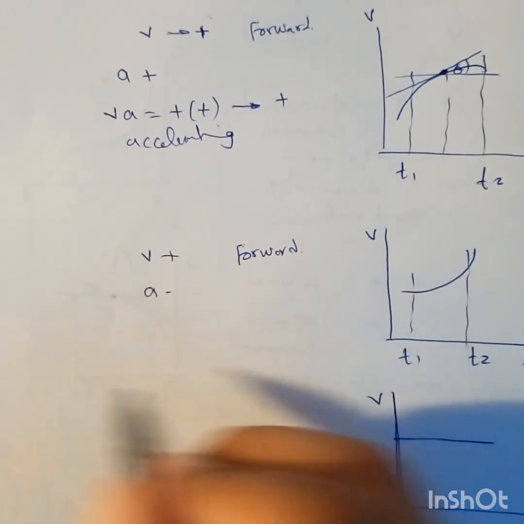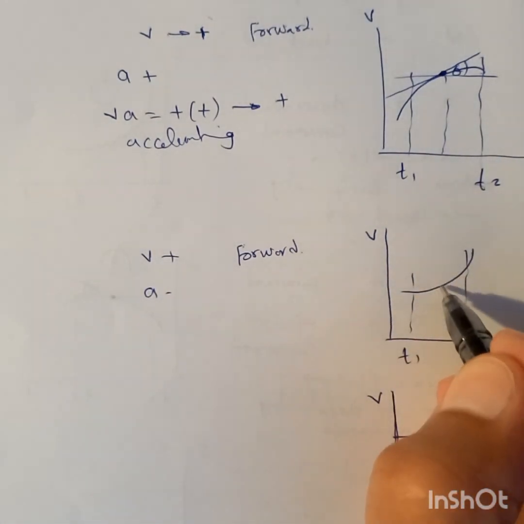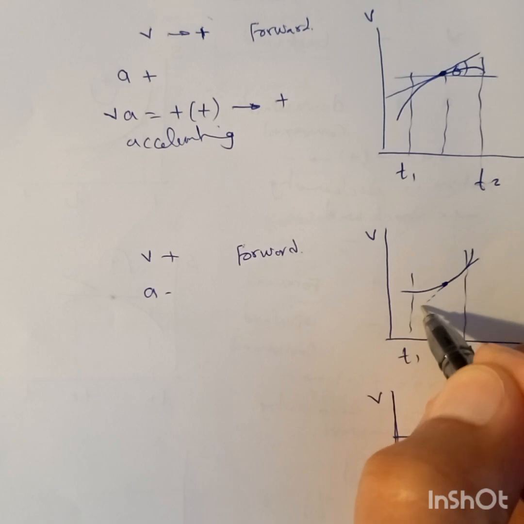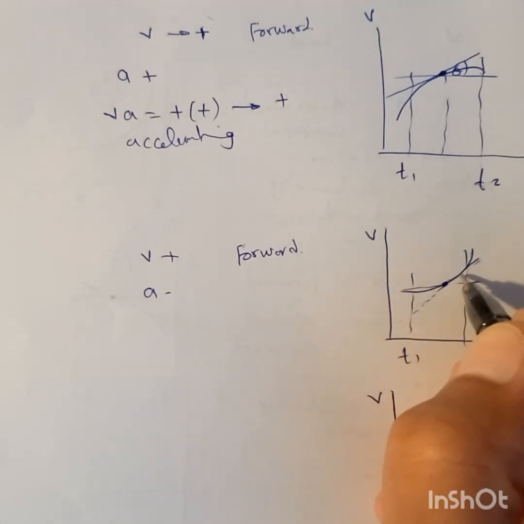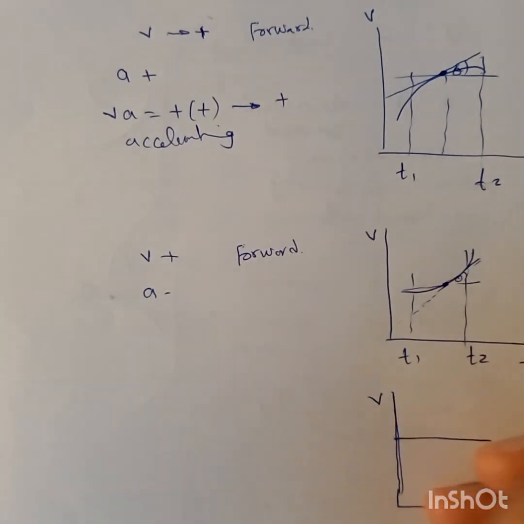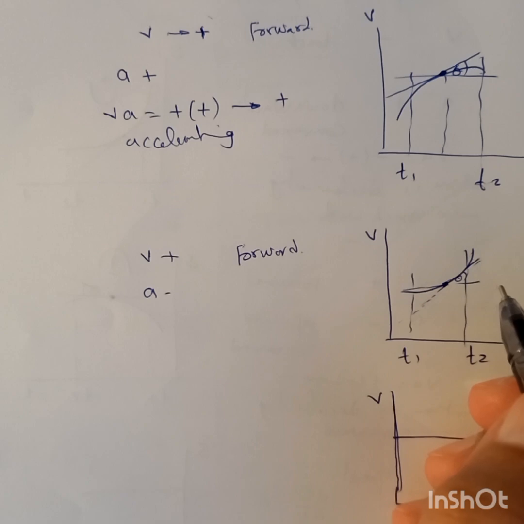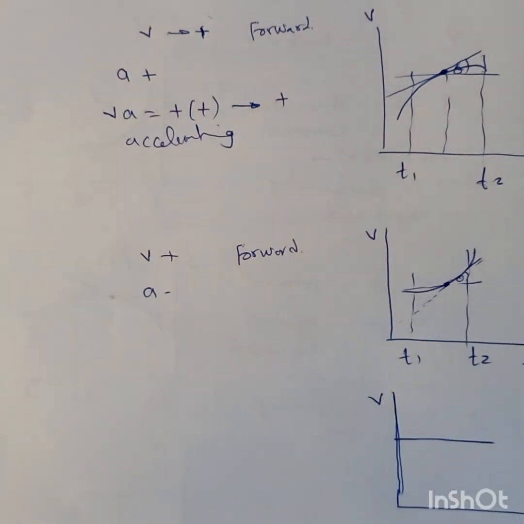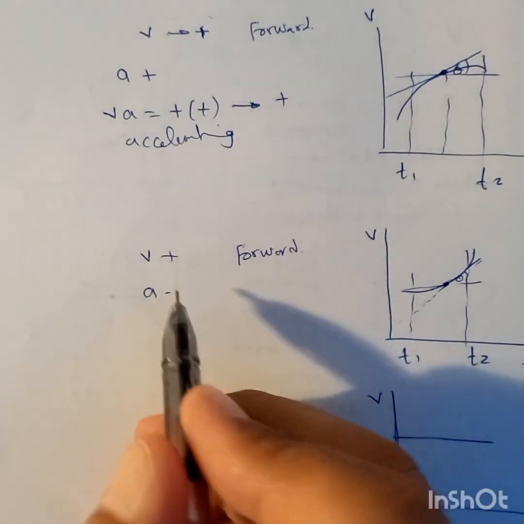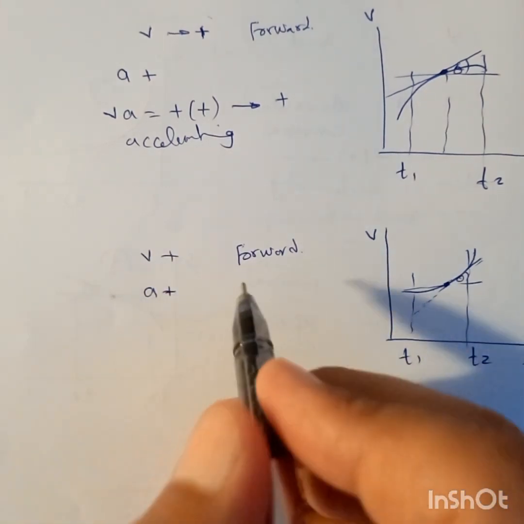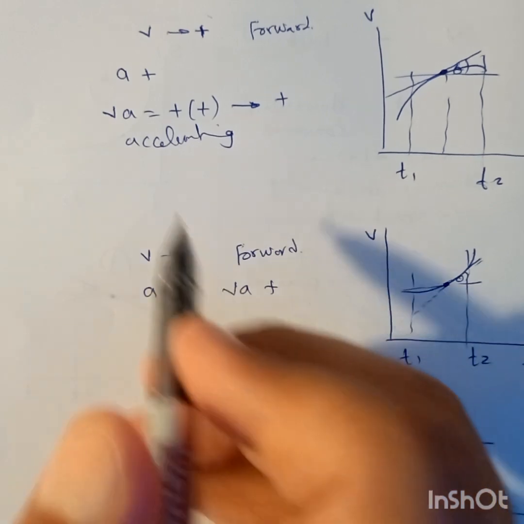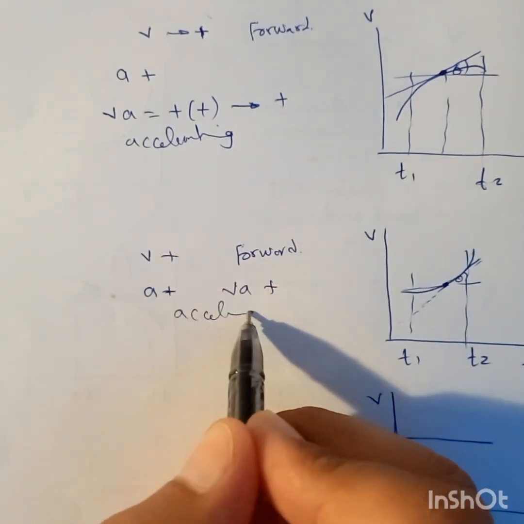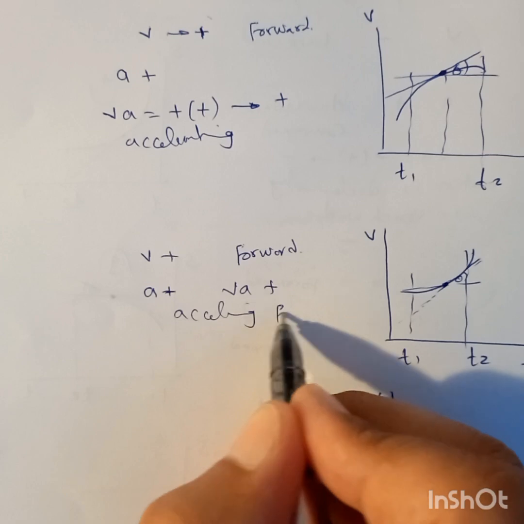For acceleration here, if we take this tangent to this curve, here the angle is theta and this is acute, then we have also positive acceleration, then va is positive, then the motion is accelerating also in forward direction.